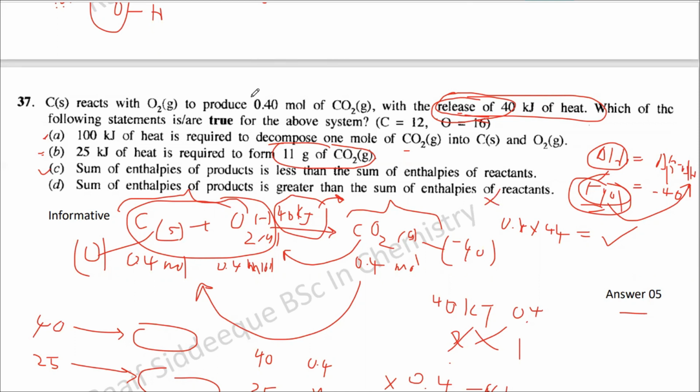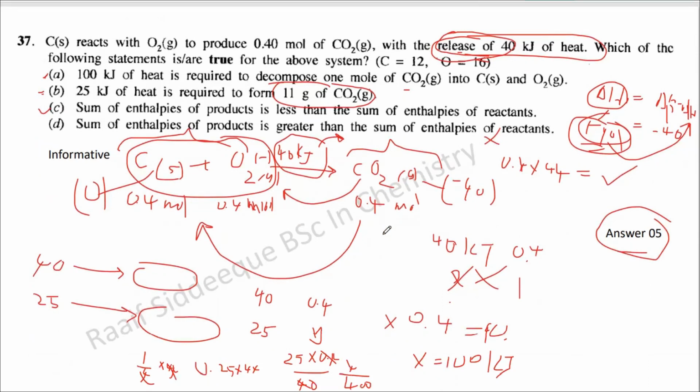No temperature is given. And we don't know whether oxygen is in excess or not, or how much carbon solid is used. So there are many points that you need to consider when answering this type of question. Anyway, it is obvious these are correct, so the answer is 5 anyway. Okay, but you should be very careful with these questions.